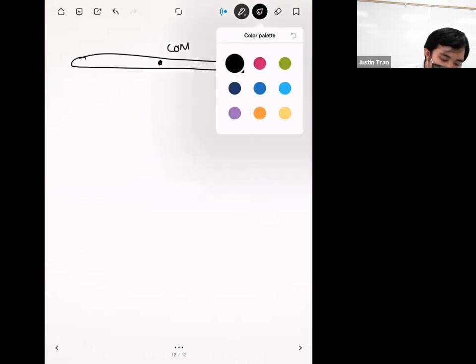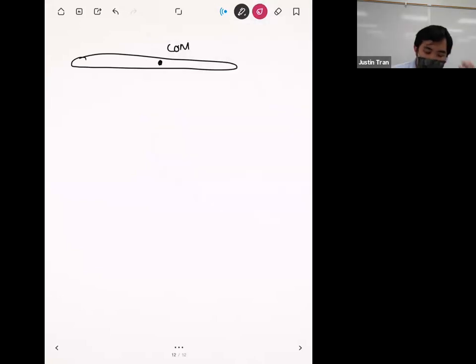All right. And so let's say that we have our slender rod again. And just like before, we have our center of mass right here. But let's say that now our rod is rotating around this pivot right here. And so the entire rod is rotating around right there.